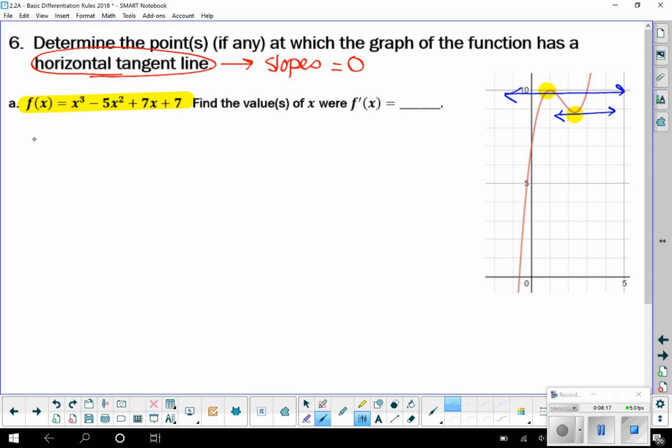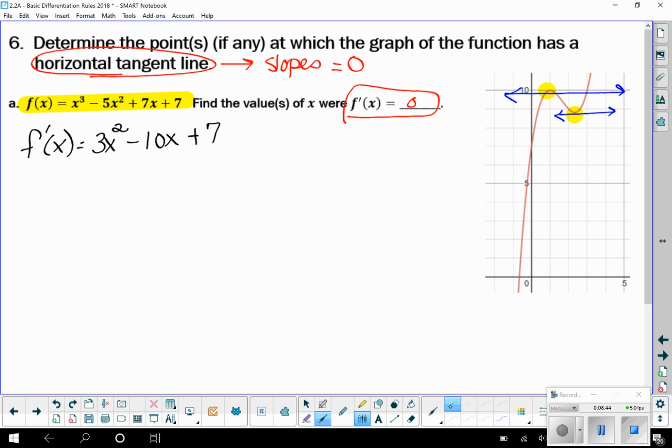All right, so f prime of x is equal to 3x squared minus 10x plus 7. Use that power rule. Now we need to find where f prime is equal to 0.